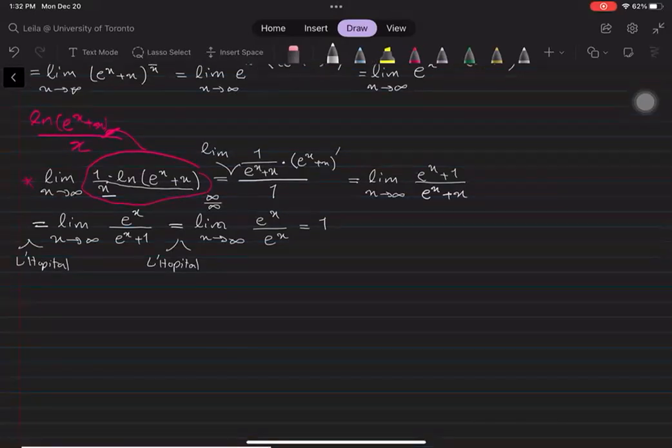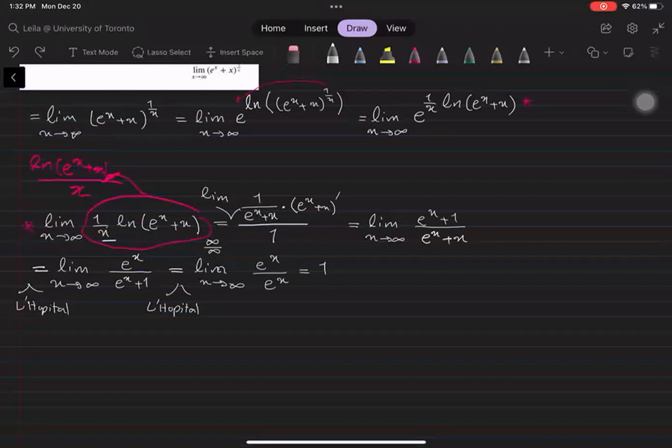Then when you use L'Hopital's rule, the derivative of x is just 1. And then you can just put the 1 back into your original thing, so you have e to the power of 1.